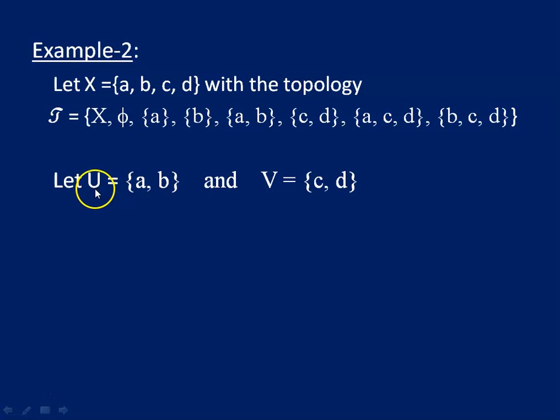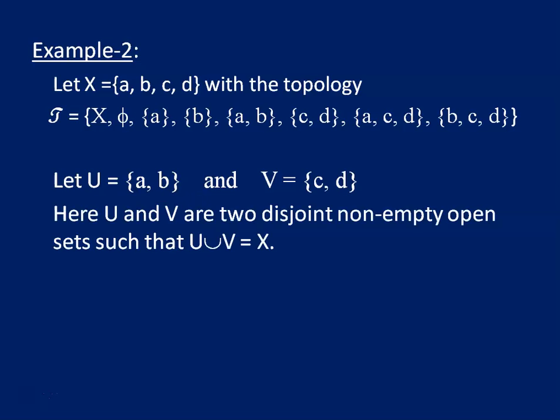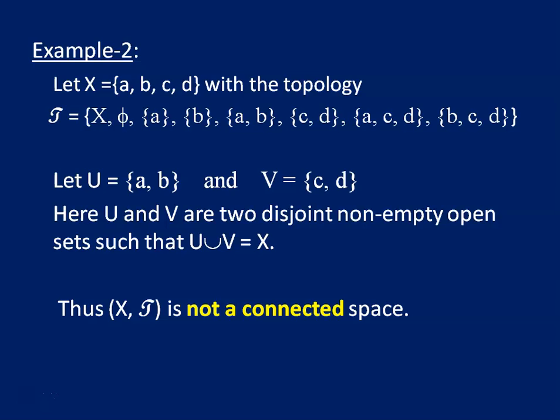Let us take two sets U equal to {A, B} and V equal to {C, D}. Clearly U and V are open sets. So U and V are two open sets which are non-empty and they are disjoint. And we can see here that U union V is the whole space. Therefore, there exists a separation on this topological space. So the space is not connected.